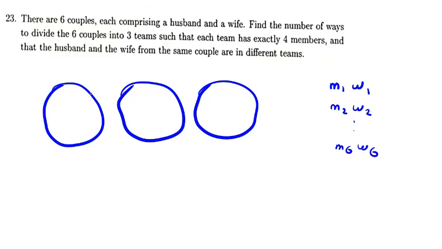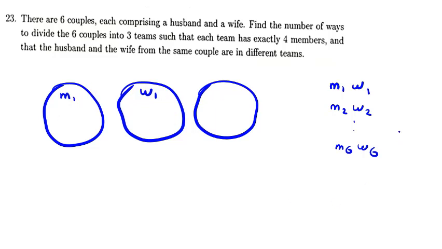So because the teams don't have names, we can, without loss of generality, suppose that M1 is here and W1 is not here, so it is here. Now we can say they have names because this is for the first man, this is for the second woman, and here we don't have the first man and first woman.